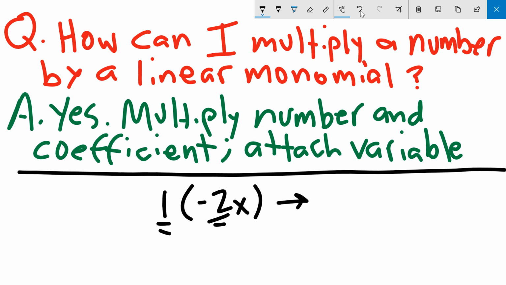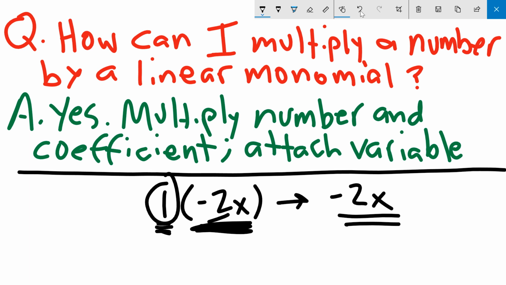But here's the funny thing about multiplying by 1. 1 times a number is itself. Ta-da. So don't forget that. 1 times a number is just itself. And so 1 times negative 2 is still negative 2. Tack on the variable, and we're good. We're good to go.